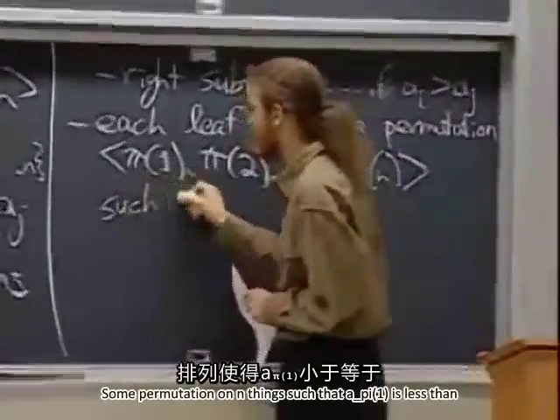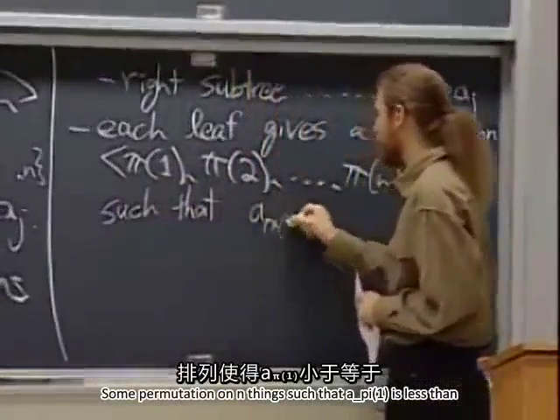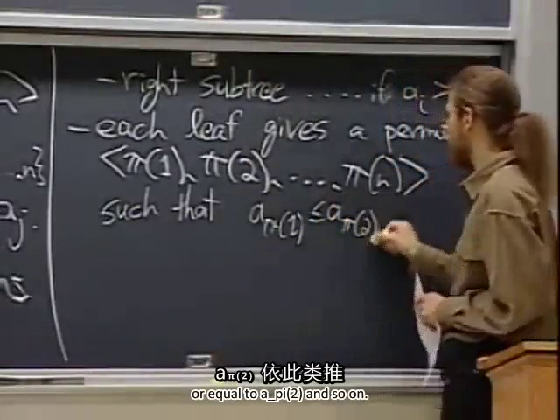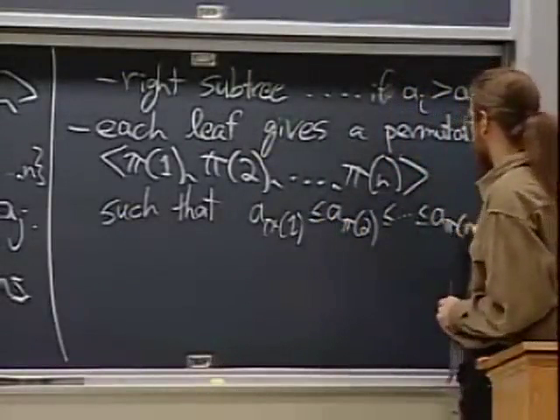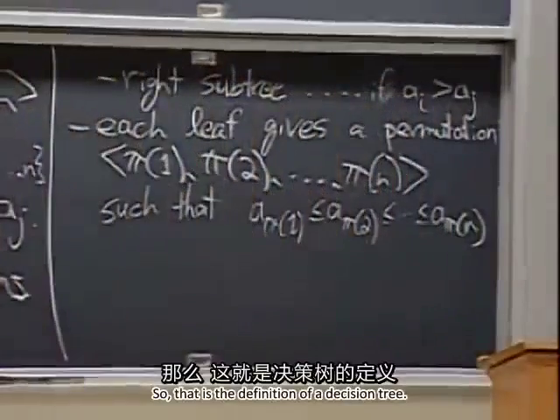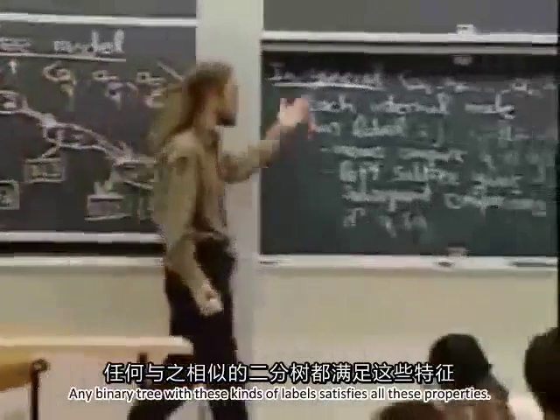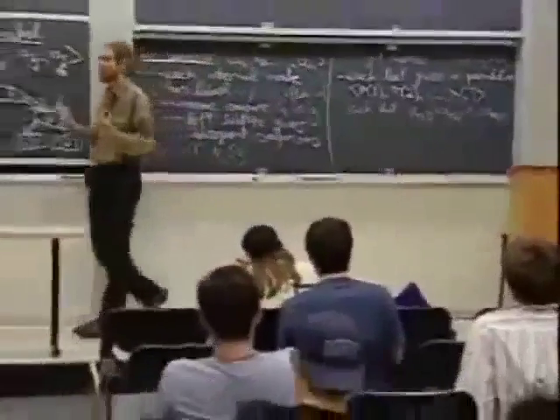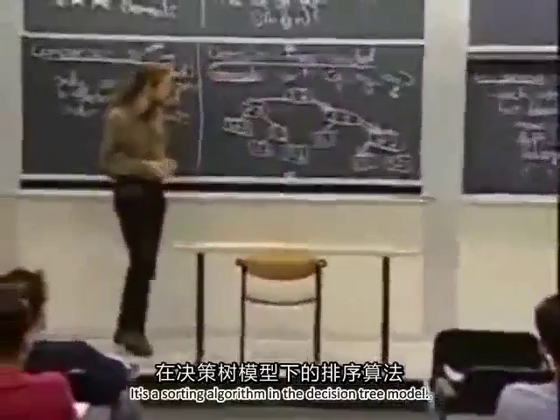Some permutation pi on n things such that A_pi(1) is less than or equal to A_pi(2), and so on. Okay, so that's the definition of a decision tree. Any binary tree with these kinds of labels satisfies all these properties. That is, in some sense, a sorting algorithm. It's a sorting algorithm in the decision tree model.